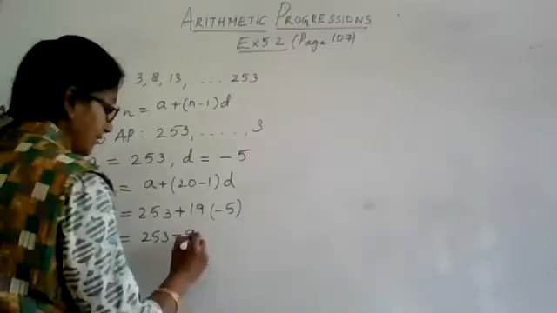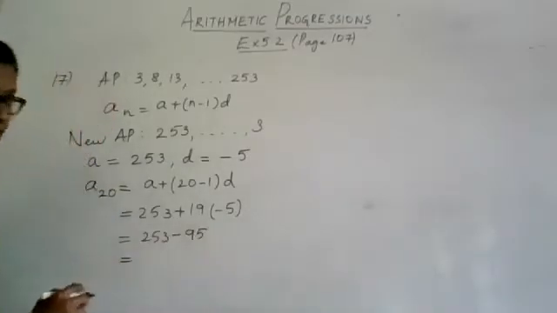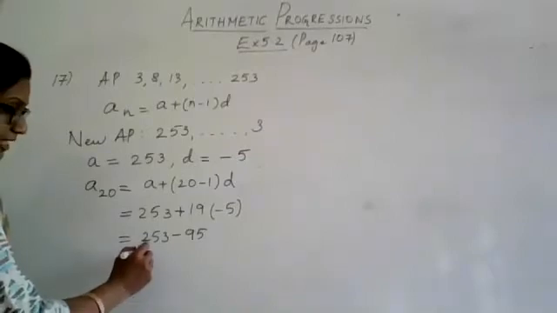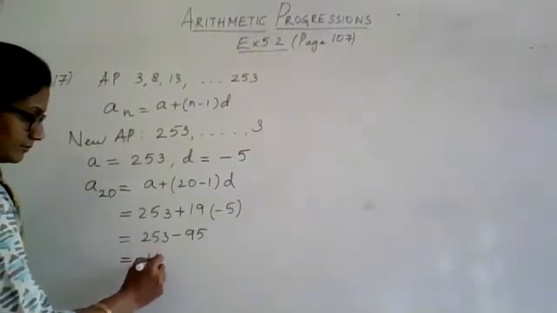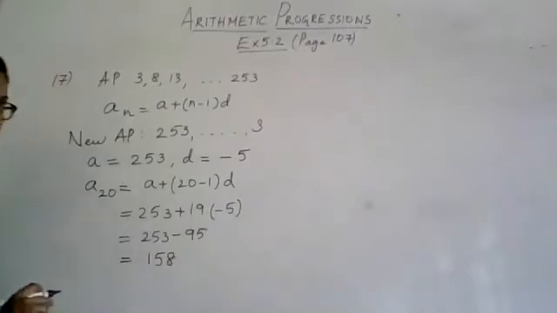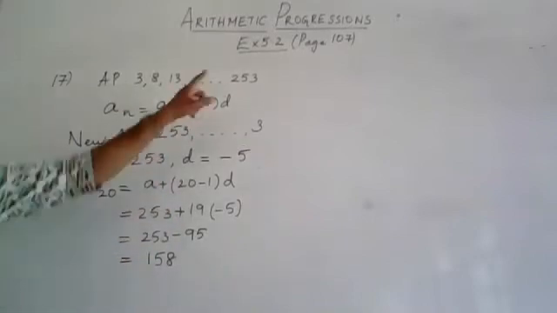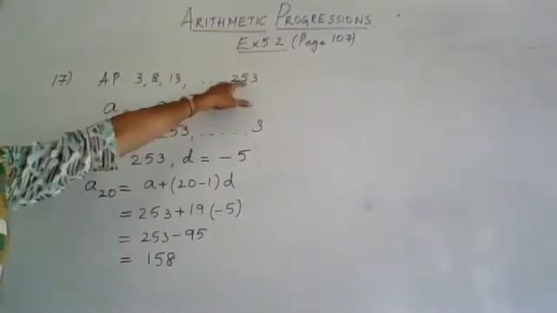Negative 95. So 253 and negative 95 should give your value as positive 158. So 158 is the 20th term from the last term.